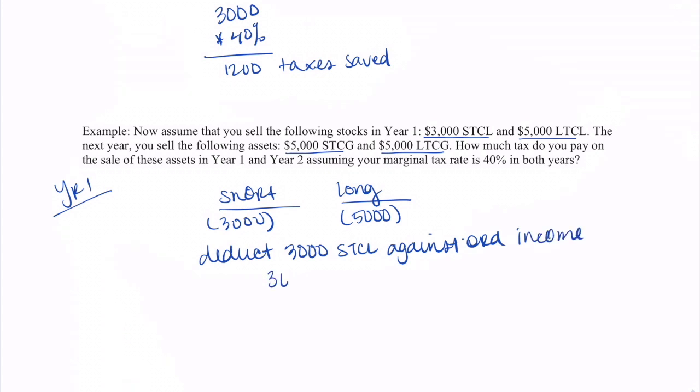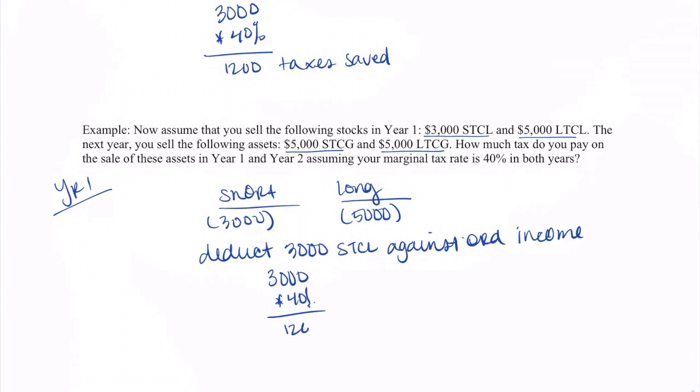And that saves us the $1,200 in taxes, similarly to what we just saw above. The $5,000 long-term capital loss carries forward.